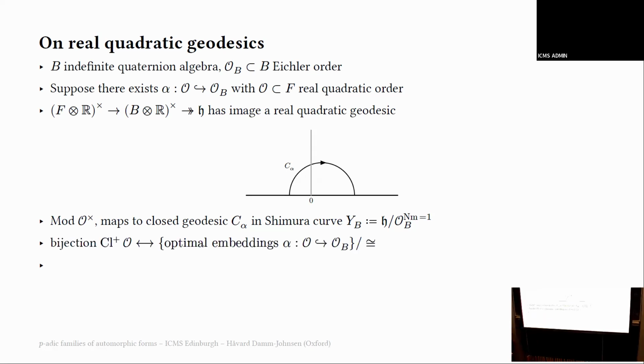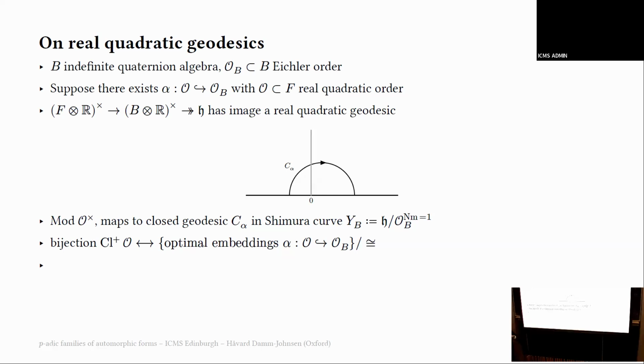And another thing I want to use is that once you have an optimal embedding, you can look at inequivalent embeddings. I'm not going to explain what optimal means, but you can ask me later if you really want to know. So if you have one such embedding, you can look at things which are not conjugate. So I can conjugate by a norm 1 unit and get a new embedding.